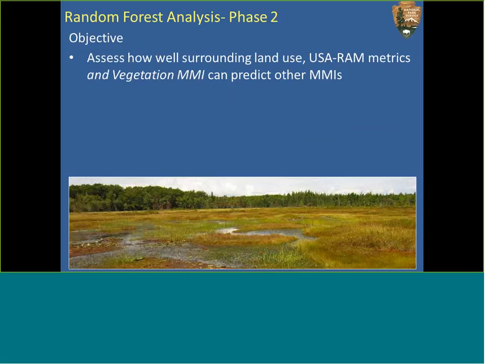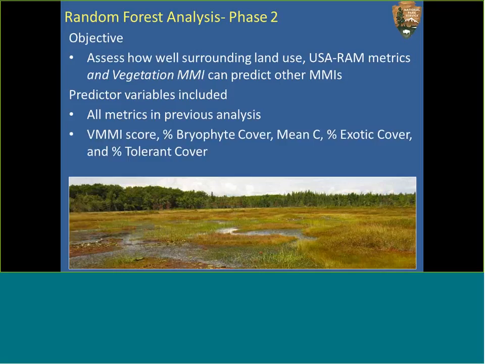For the second phase, I looked at how well land use and USA RAM metrics could predict MMIs, plus I included the vegetation MMI. So the predictor variables were all the metrics in the previous analysis, plus the VMMI score, the percent bryophyte cover, mean C, percent exotic cover, and percent tolerant cover, which were the metrics included in the VMMI score.